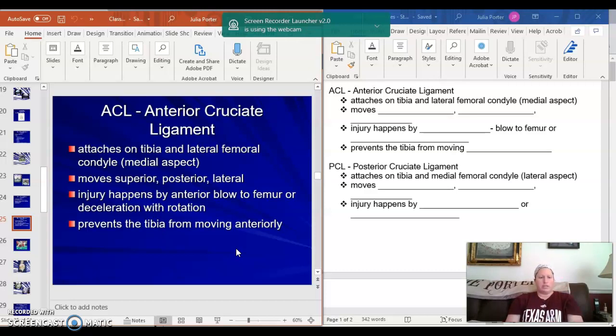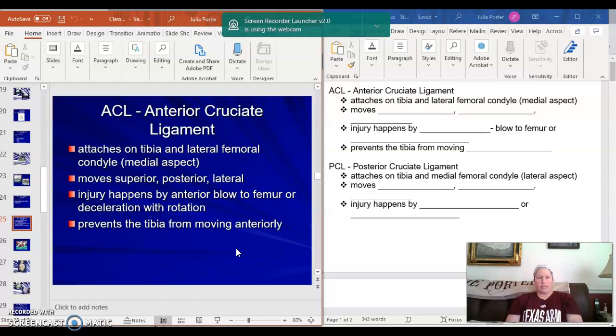All right, so the ACL attaches on the tibia and the lateral femoral condyle. So it moves up, superior, posterior, which is to the back, and lateral. The PCL moves opposite. We'll learn that in a second.